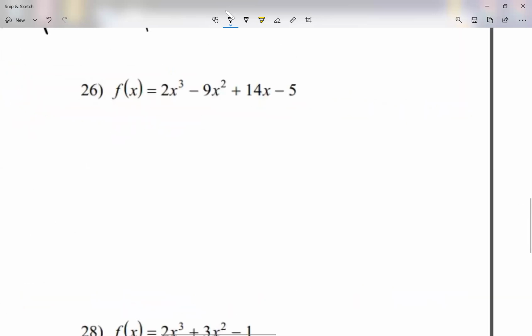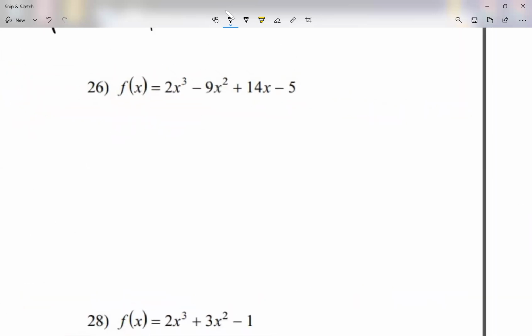All right, let's take a look at question number 26. My factors of my first number: factors of 2 are 1 and 2. My factors of the last number are 1 and 5. Again, what numbers multiply to give me 2? What numbers multiply to give me 5? So my possible solutions, let me use this 1 first.